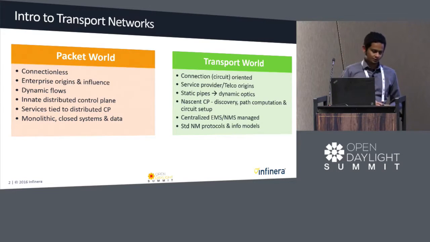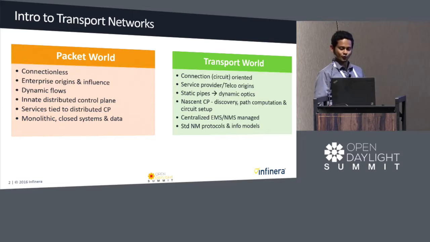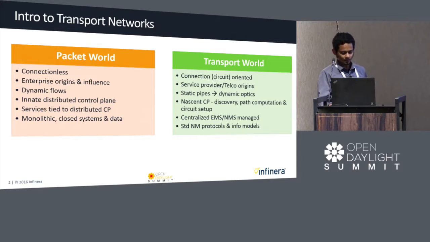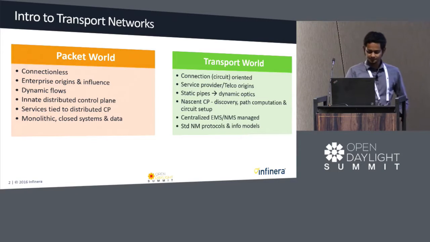Traditionally, they've been managed by EMS and NMS systems, but now with SDN coming in, there's a lot more room for programmable management of the whole network and the services. Even though there are standard protocols, there's definitely a move towards using SDN and having standardized YANG models and things like that.